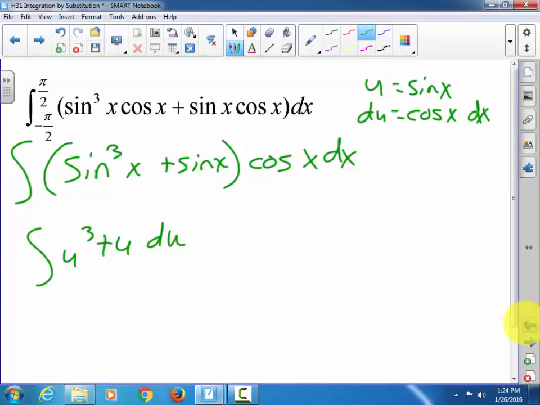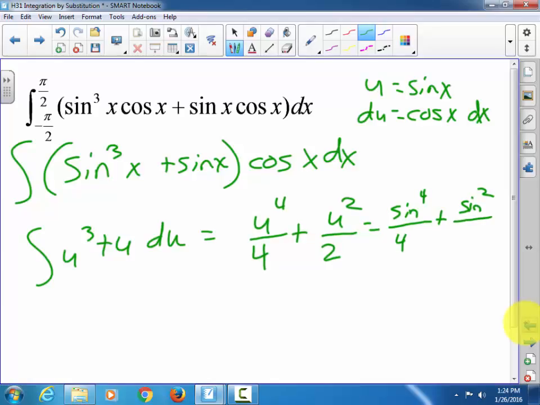When you integrate that, you're going to get u to the 4th over 4 plus u squared over 2, which is sine to the 4th over 4 plus sine squared over 2, evaluated at negative pi over 2 and pi over 2.